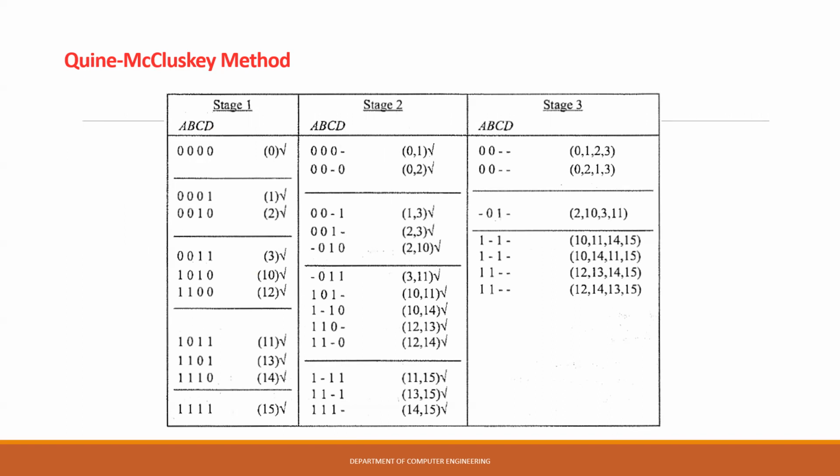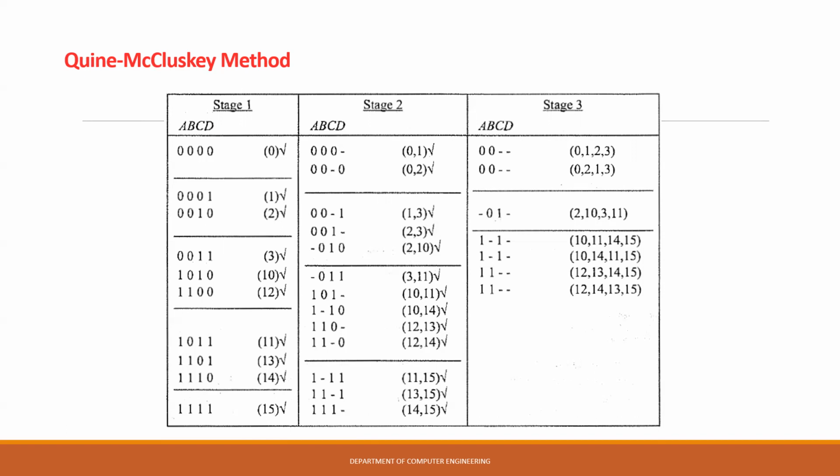By comparing, again, we have to follow the same rule. A 1 bit difference is applicable. Means in the 0, 1 minterm pair, 0, 0, 0, dash, which is compared with second group minterm pairs, we can use the combination of 0, 1 with 2, 3.